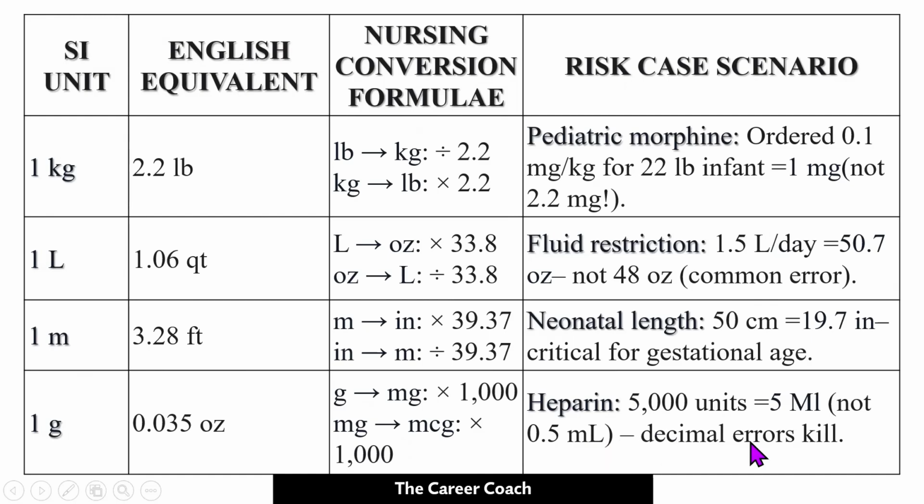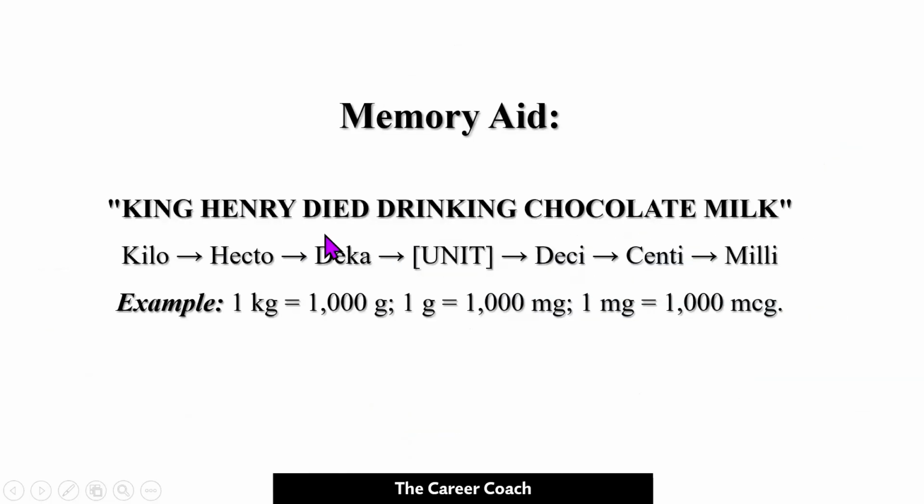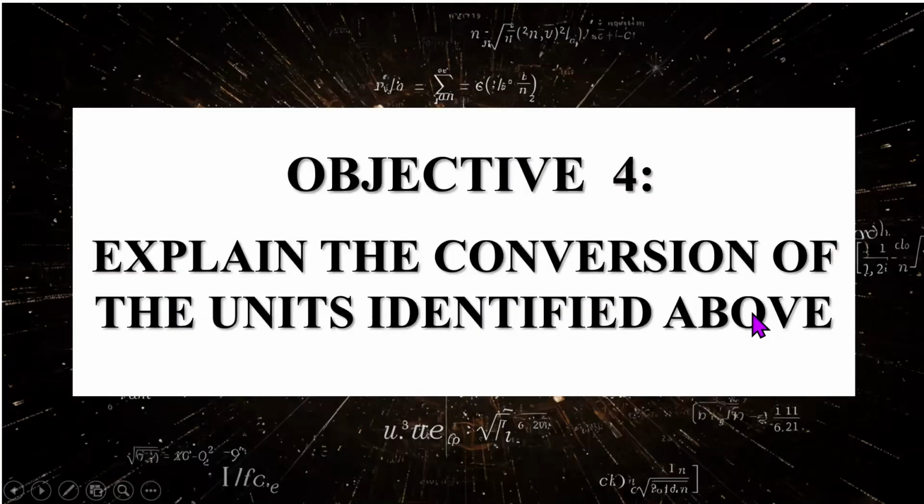If you do this, you may have decimal errors. Decimal errors can kill. Memory aid: King Henry died drinking chocolate milk. This is a memory aid for us to know that 1 kg equals 1000 gram, 1 gram equals 1000 milligram, and 1 milligram equals 1000 microgram.